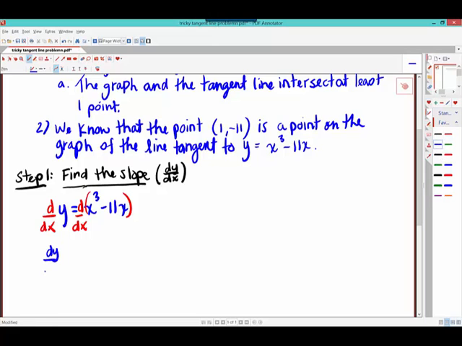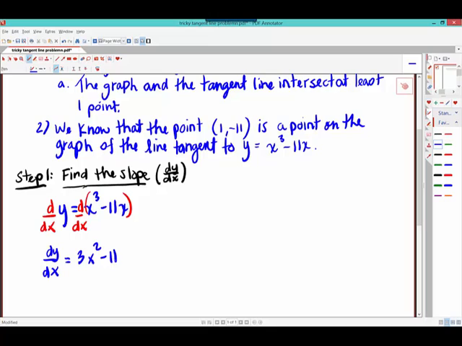Beautiful. We'll have dy/dx on the left, and we'll have 3x squared minus 11 on the right. Good so far? Awesome.